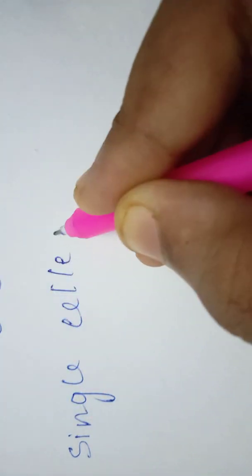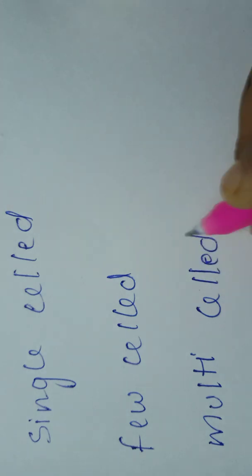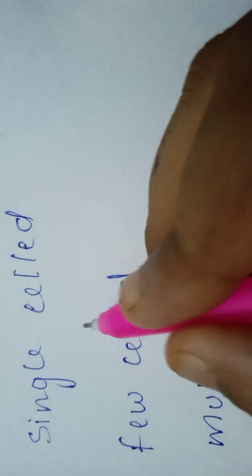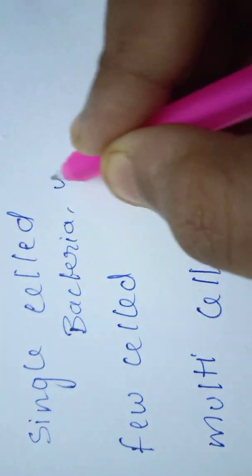One is the single celled, next comes the few celled, next comes multi-celled. Single celled organism means with only a single cell they will perform all activities, like bacteria, yeast, and amoeba.